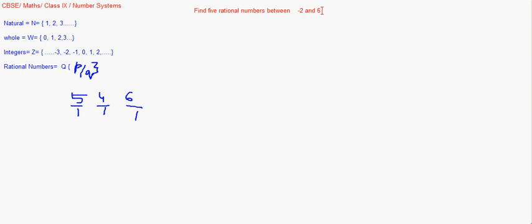To find rational numbers between two given numbers, suppose the two numbers are assumed to be x and y, we use this formula all the time. If I have -2 plus 6 by 2, the first number, that is 4 by 2, which is 2.